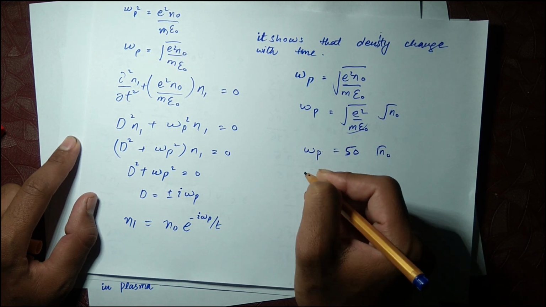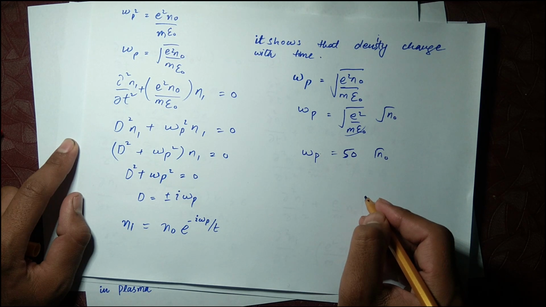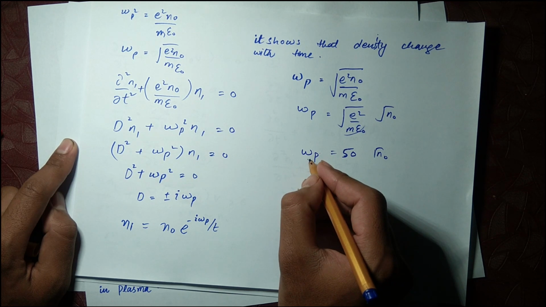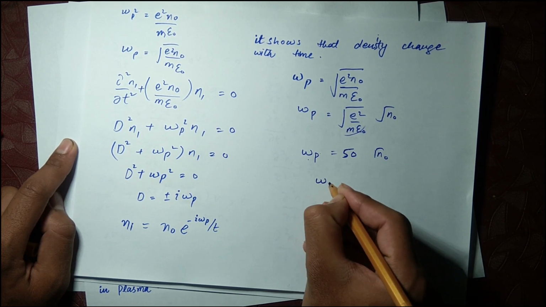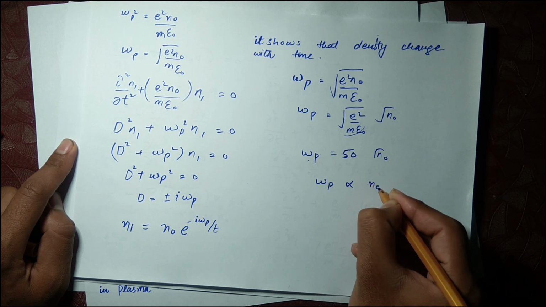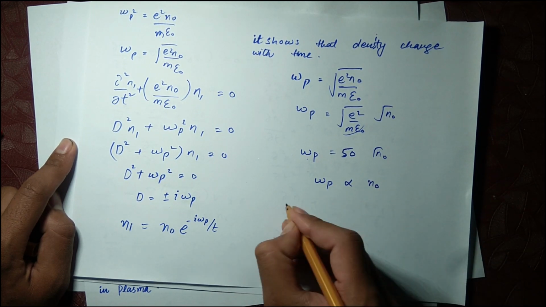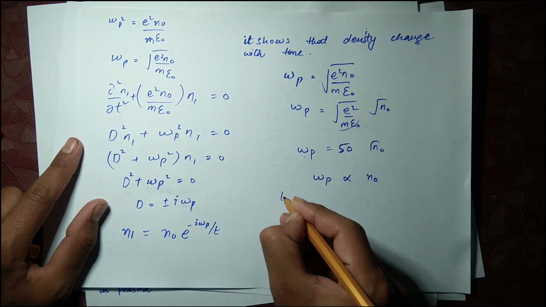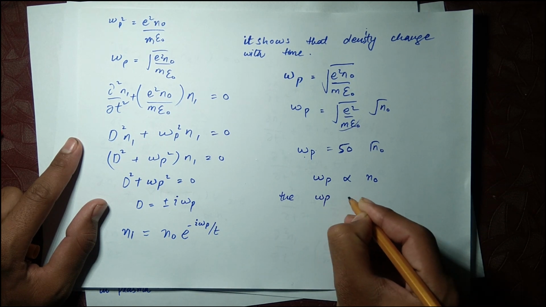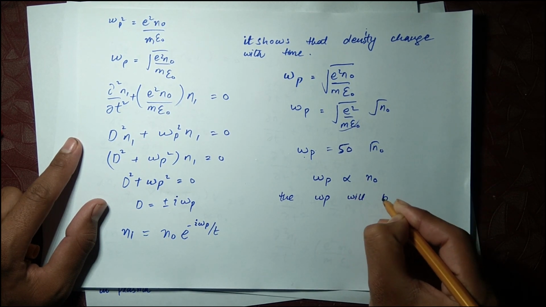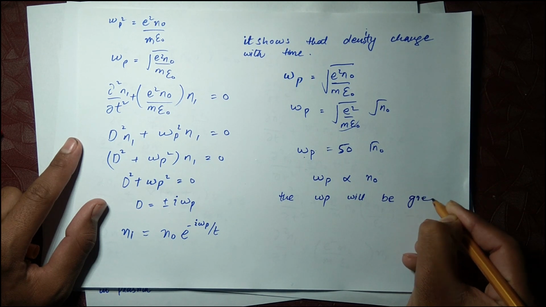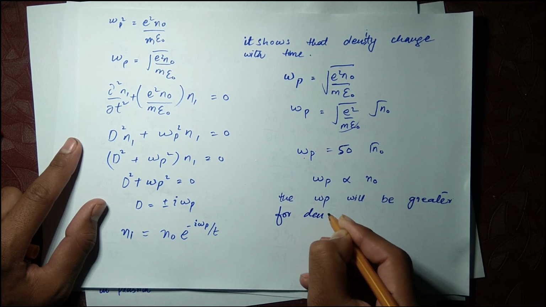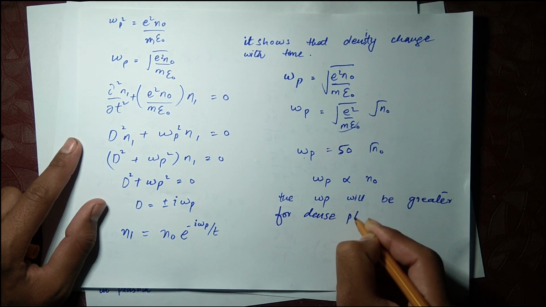So from this we can say that the frequency is directly proportional to n naught, and from the above equations we can say that omega p will be greater for dense plasma.